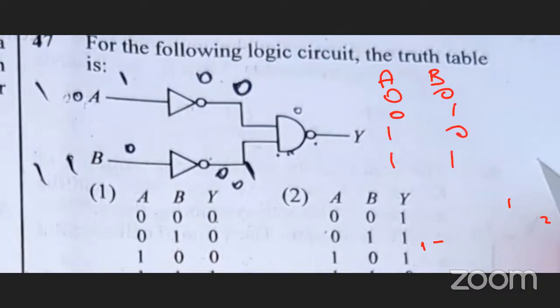We need to find the output. So this is A bar and this is B bar. So this is an AND gate, so A bar dot B bar. So what is A bar dot B bar? So A bar is 1, B bar is also 1.